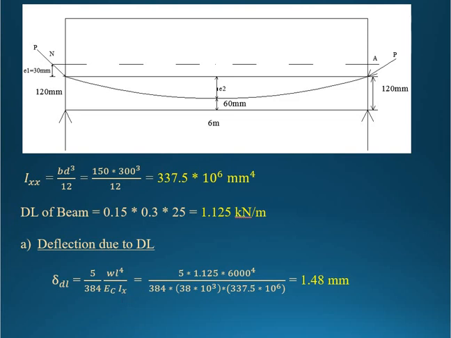I is the moment of inertia for a rectangular section, that is bd cube by 12. b is 150, d is 300, so I is 337.5 into 10 power 6 mm power 4. Next is the dead load of the beam, that is W. Dead load, we know, is cross section into density.